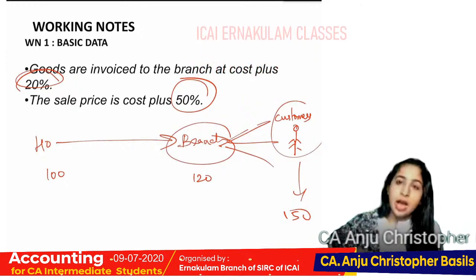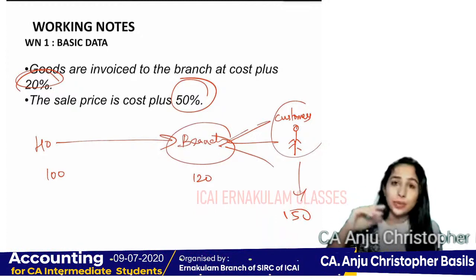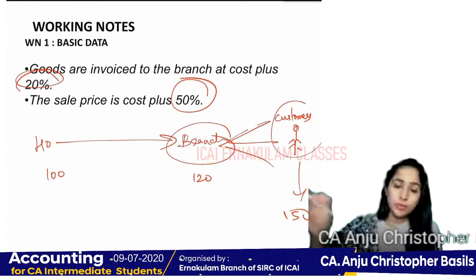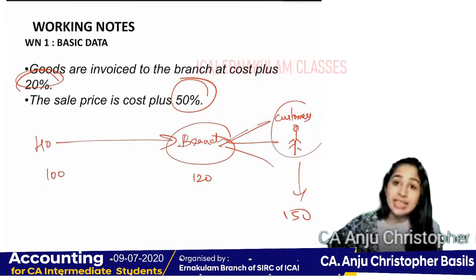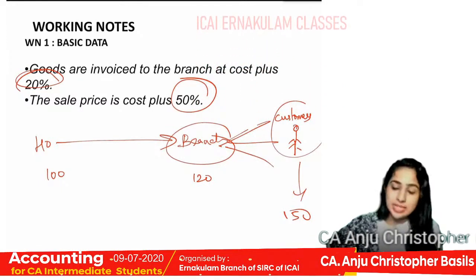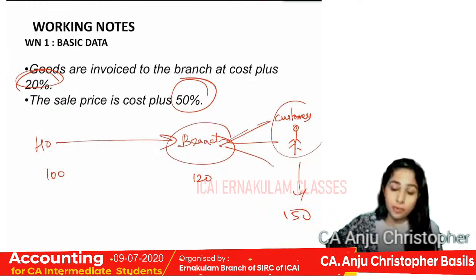Juliet runs many retail outlets, and the goods are sent to the branch at cost plus 25%. These outlets sell the goods at the retail price, which is the wholesale price plus 20%.